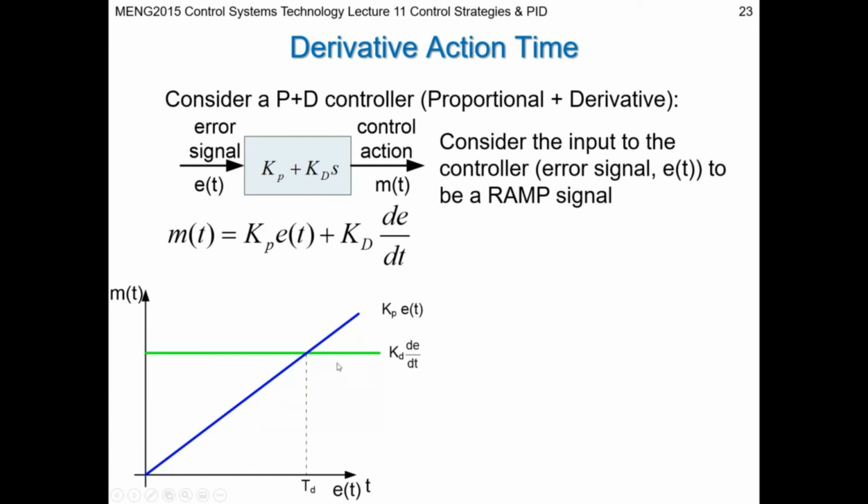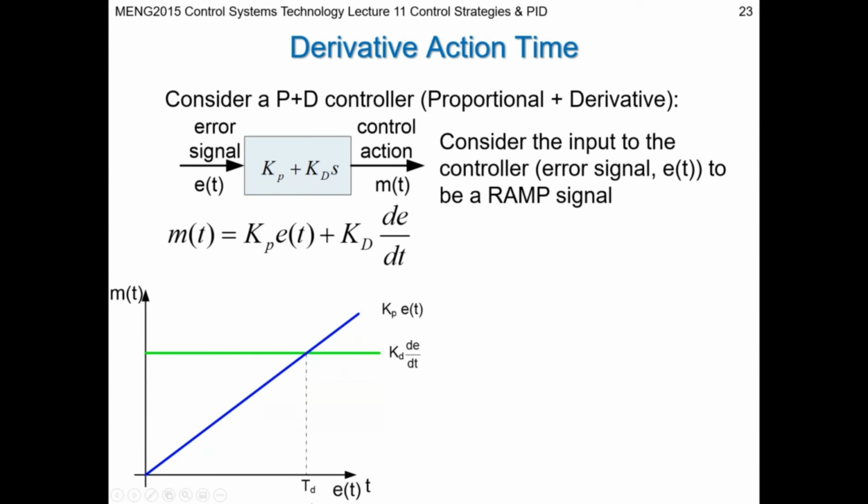But the derivative action is going to be constant because this is a ramp, it's a steady gradient. So dE by dt is going to be constant times whatever your scaling factor Kd is. So the green line shows you for this ramping up error what the derivative action is going to be.